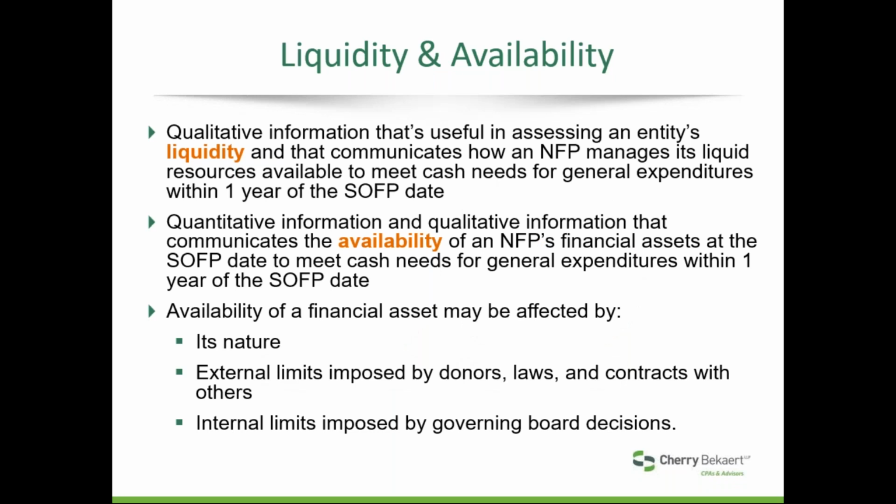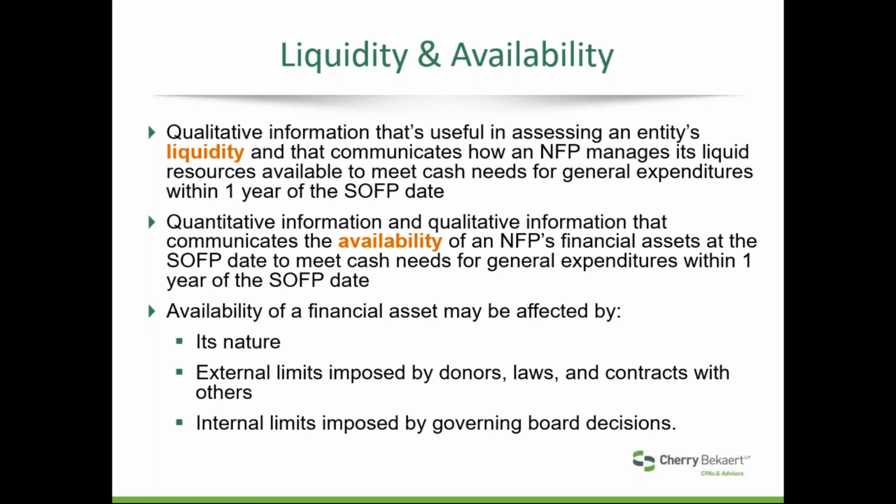By far, most of the folks who've looked at the standard feel like this is one of the bigger areas where there is a change. Currently in not-for-profit GAAP, there is no requirement to disclose information about liquidity and the availability of resources to cover obligations of the not-for-profit.